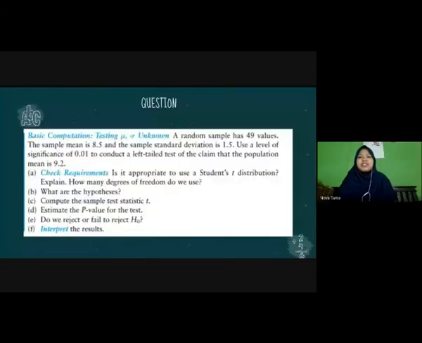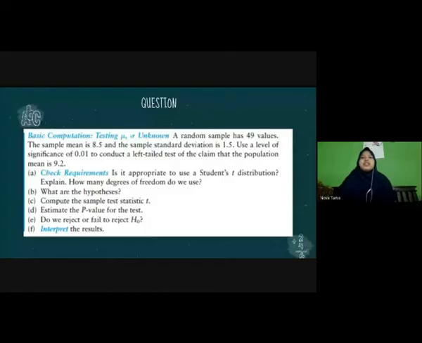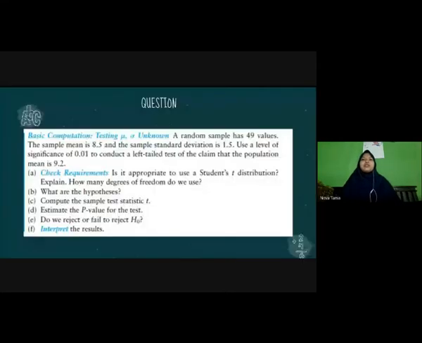Review. This is a question, for example, the basic computation testing mu, standard deviation unknown. The question: a random sample has 49 values. The sample mean is 8.5 and the sample standard deviation is 1.5.